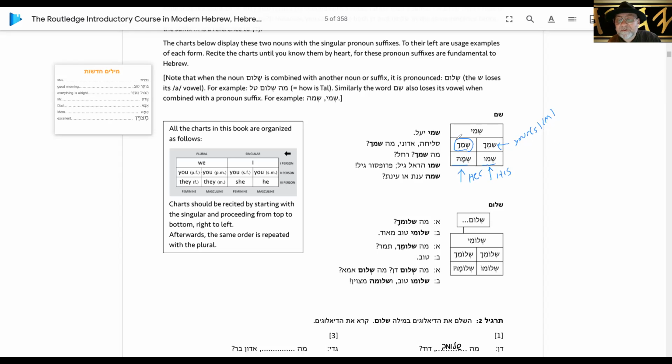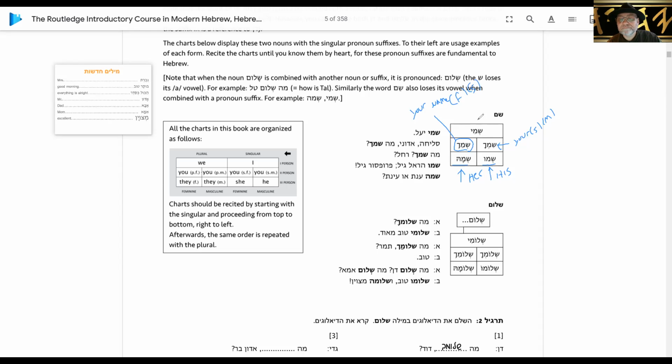And then this over here, Shemech, is your name, and it's feminine, and it's singular. Okay. So that's one of the tough parts about Hebrew: basically you've got all these suffixes that mean different things.